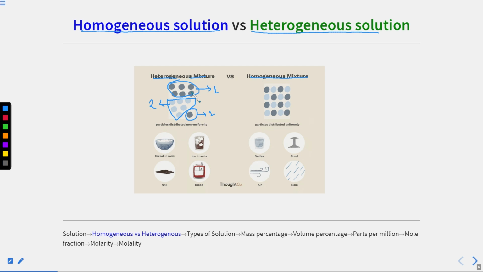So this region has a different concentration of component 1, and this region has a different concentration of component 1. So it is not uniformly distributed. While you can see this one looks more symmetrical, or you can say distributed uniformly throughout the mixture. In this mixture, both component 1 and component 2 are distributed uniformly. So this is the difference between heterogeneous and homogeneous.